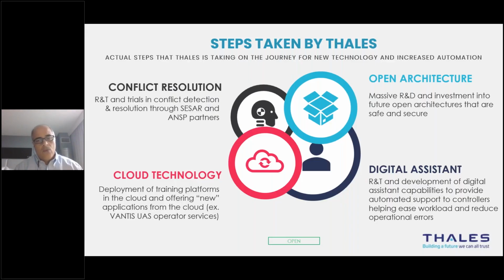So we've been looking at it from two perspectives and working it from two perspectives. One is a significant focus on the overall system architecture and the use of cloud technologies in order to enable these sorts of exchanges and interactions between stakeholders in the aviation system.